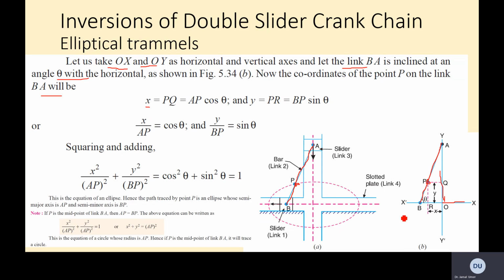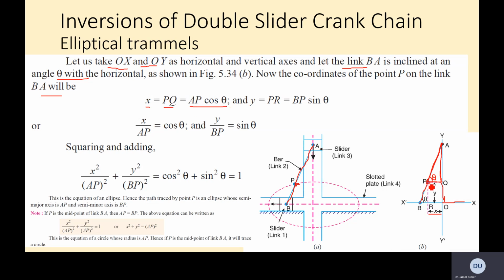So the x dimension, which is from here to here, if you look at this little triangle, because if this angle is theta, so this angle is theta as well. So x is basically PQ. So PQ is this length, which is the cosine of AP.